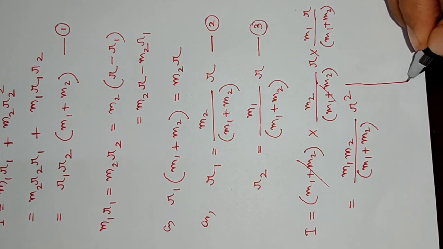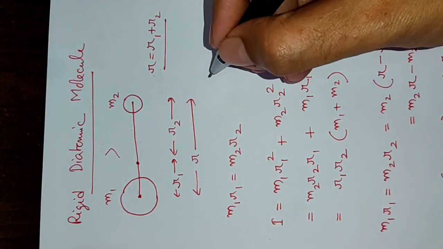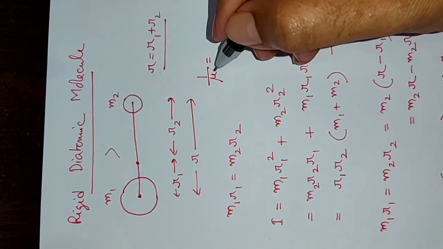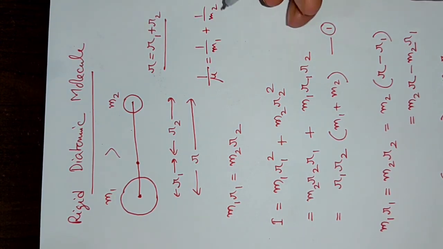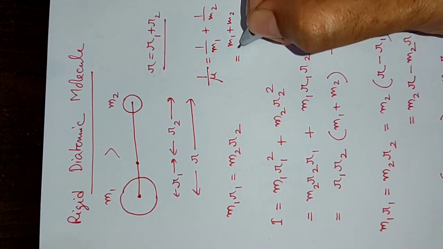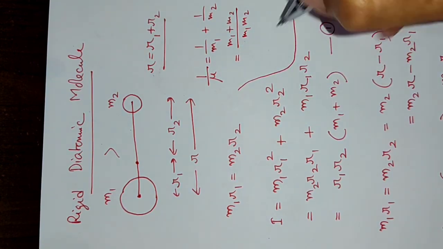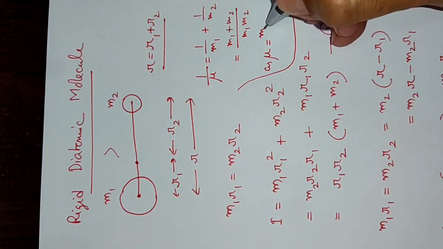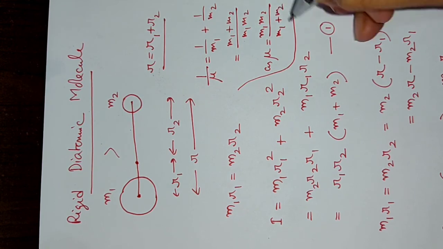Now we know the definition of reduced mass. Reduced mass is defined as 1 by mu, mu is the reduced mass, equals 1 by m1 plus 1 by m2. So it is m1 plus m2 upon m1 m2. Or mu equals, reversing it, m1 m2 upon m1 plus m2.